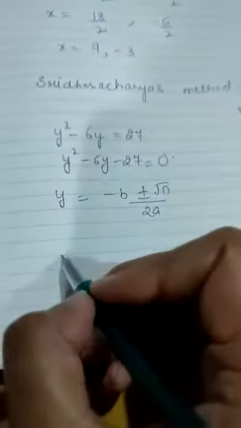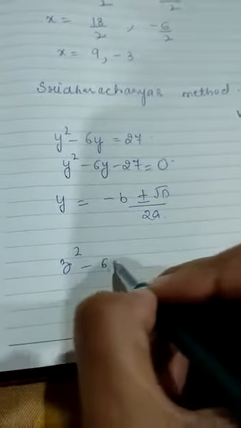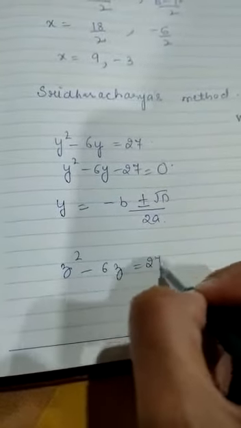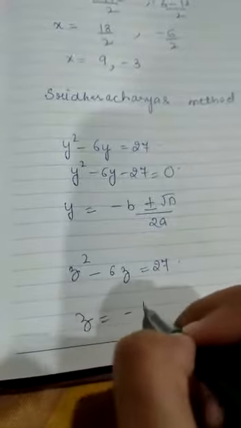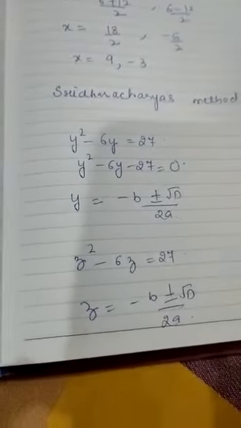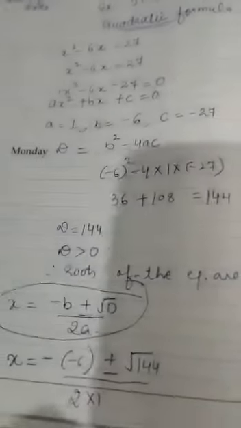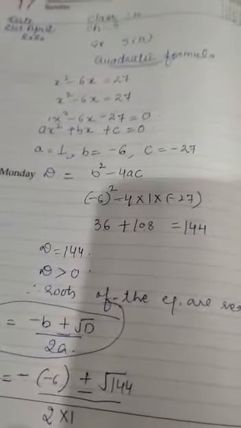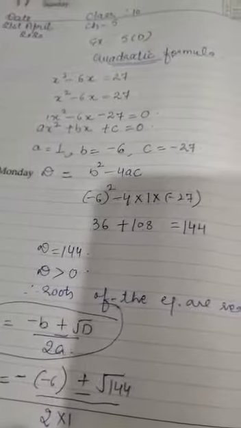Suppose you have been given an equation in z variable, so you will write z is equals to minus b plus minus under root d by 2a. So this is the very simple method to find the roots of the equation by using quadratic formula.